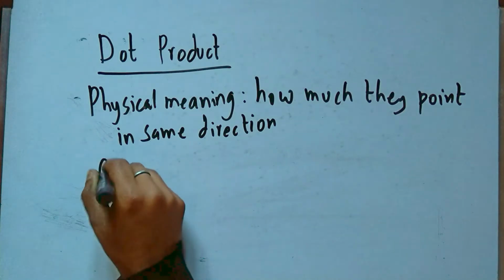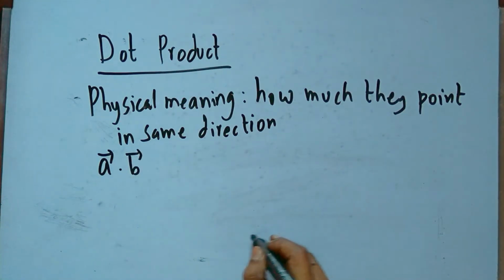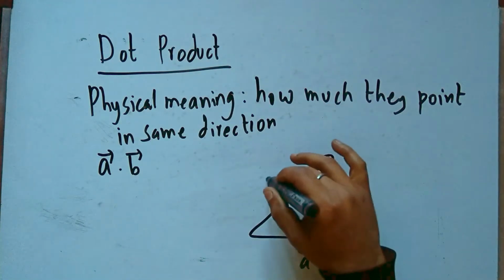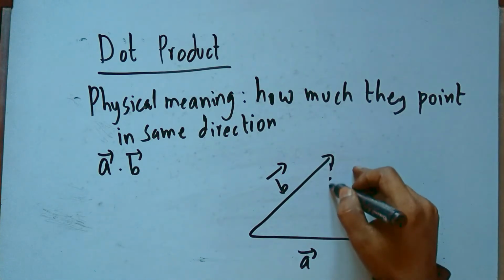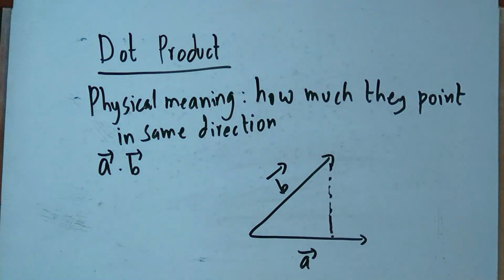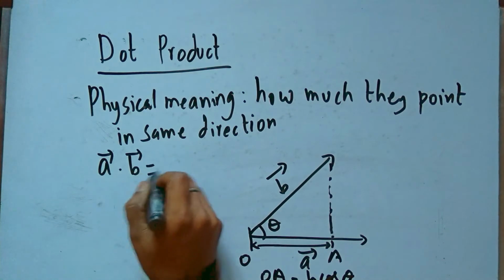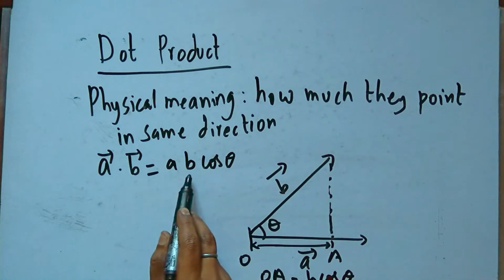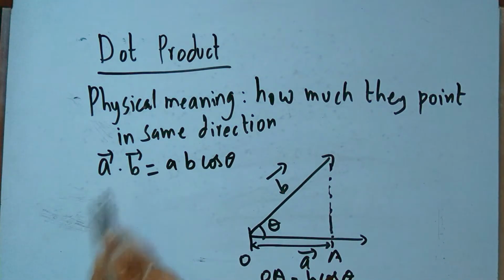If we see dot product of two vectors, let this be vector A and this be vector B. So if we draw a projection here, this length, this being theta, let it be OA. So OA will be equal to B cos theta. Here in definition we have A B cos theta, where A and B are the magnitude of vector A and B respectively.